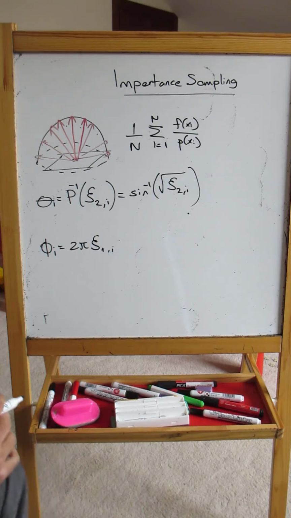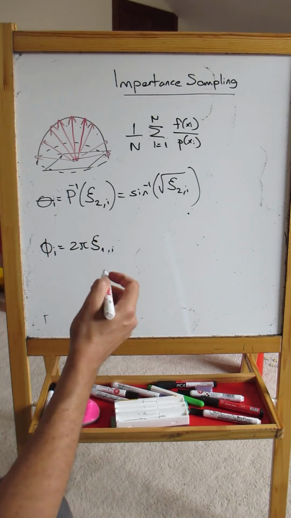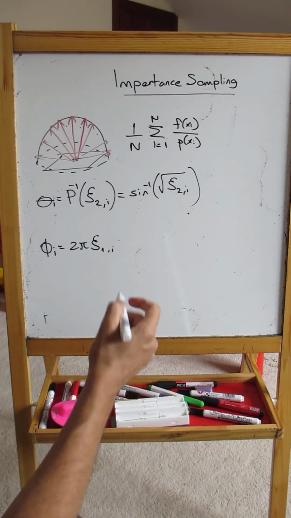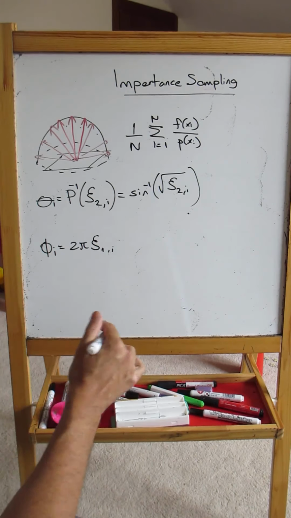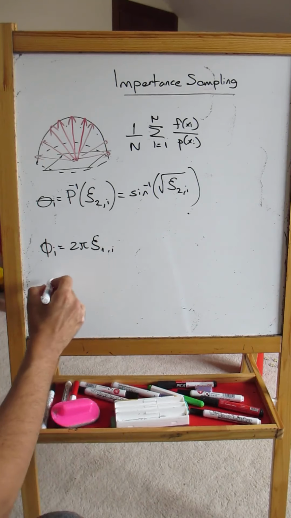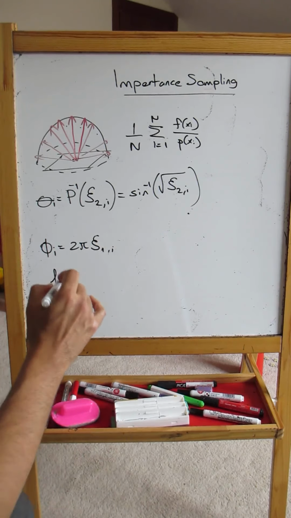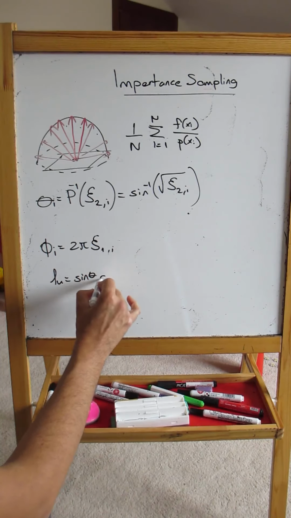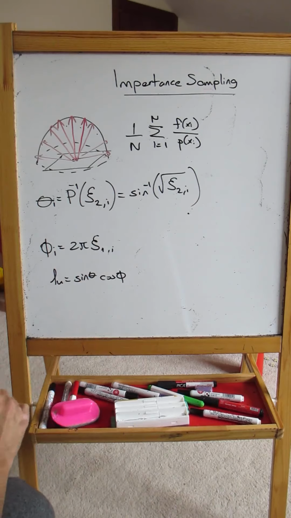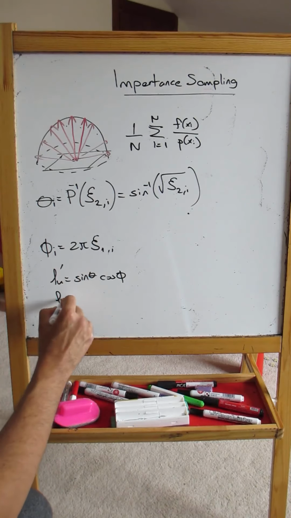So if you remember, connecting this to the previous video, we are going to have LU prime equal to sin theta cos phi, right? That's what we call LU prime.